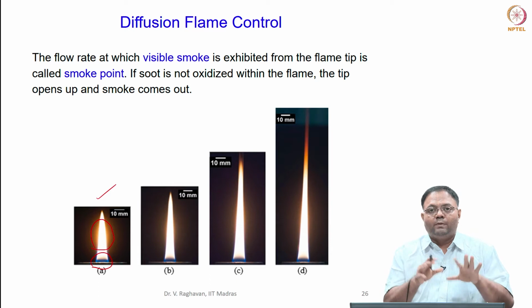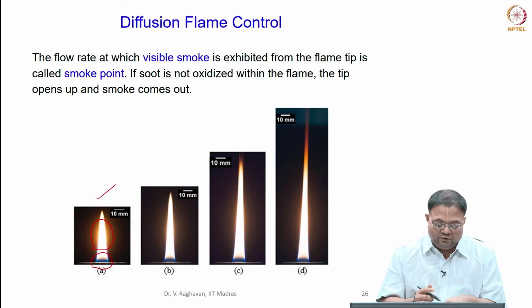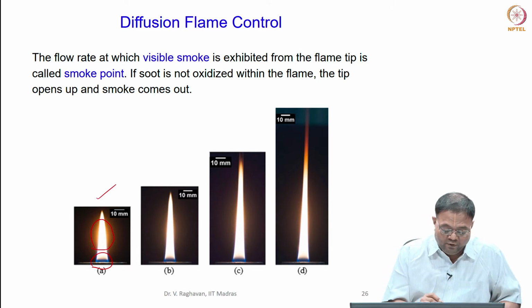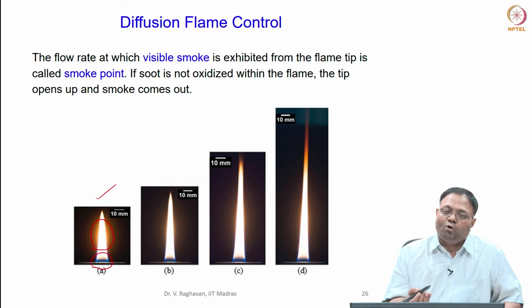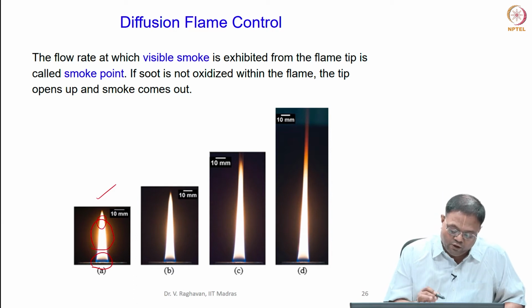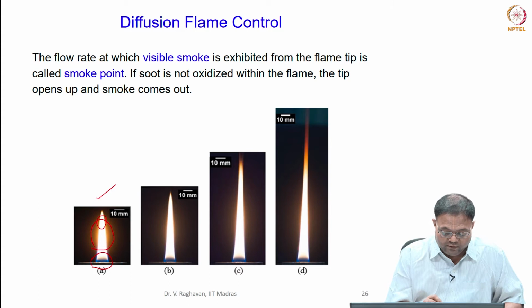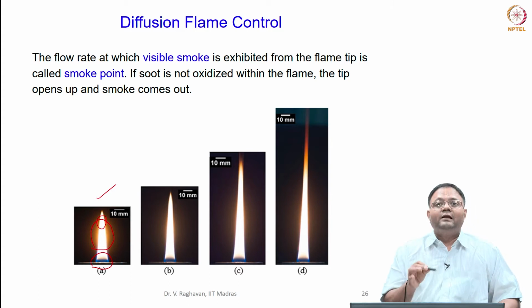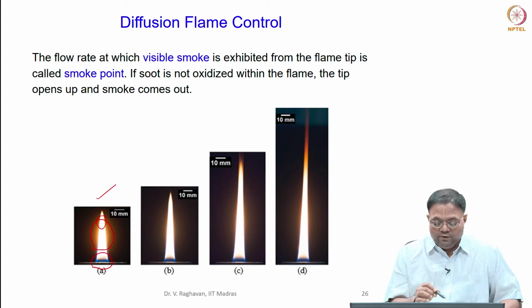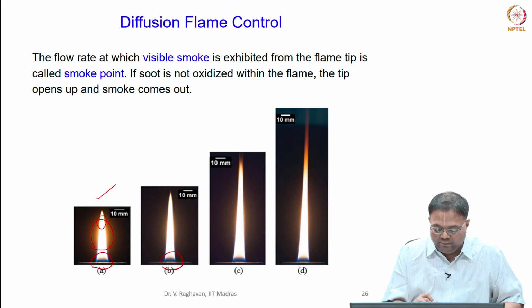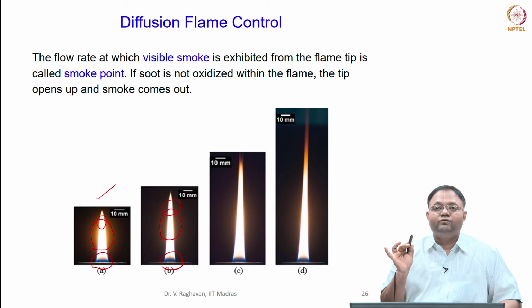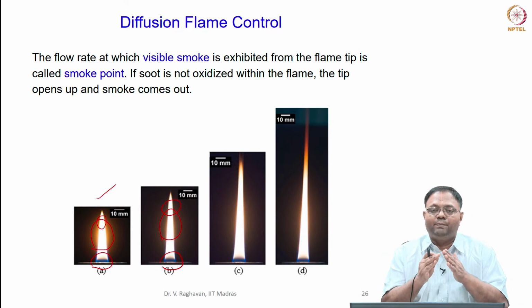Soot emits this bright emission, but within the flame the soot is also oxidized, so no carbonaceous particles leave the flame. Similar here also, same regime, a bright region, and the soot oxidizes here, no soot leaves the flame tip.